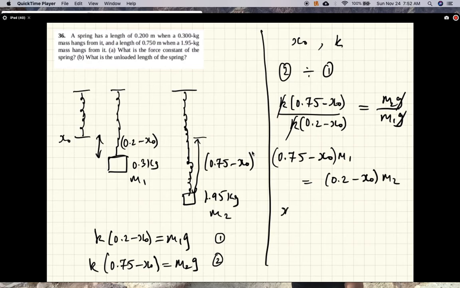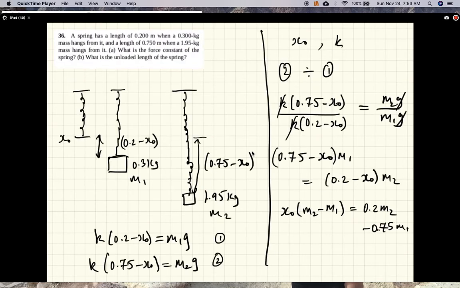So we'll say x naught times m2 minus m1 is equal to, we brought this term to the left, so that gave us x naught times m2 minus m1, and we'll bring this term to the right, and that'll give us 0.2 m2 minus 0.75 m1.